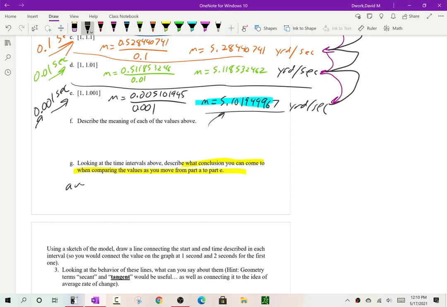So the average rate of change is what you saw up above. The instantaneous, if I could spell that word, it's not going to come out.